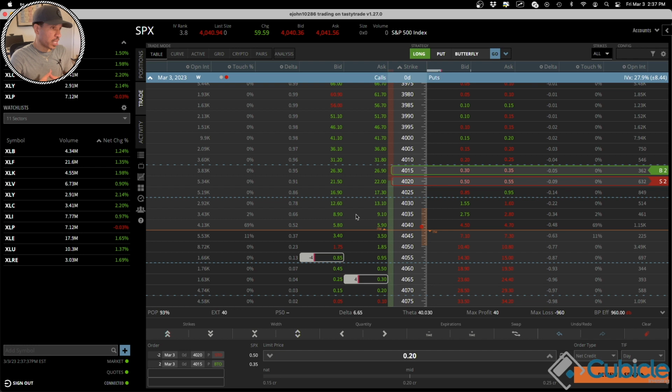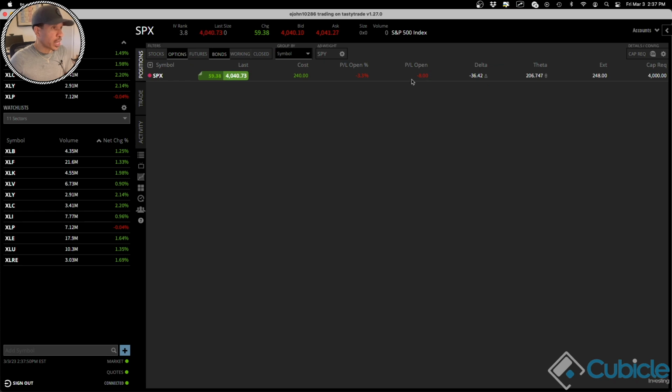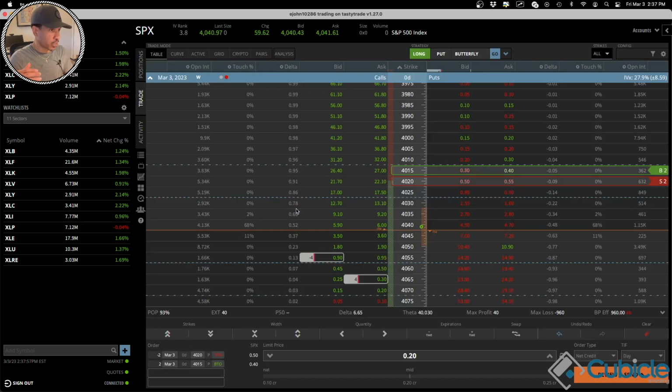It just means that even if the price of the underlying should breach my short strike on the call side, the P&L won't be in a negative that badly, if that makes sense, right? Because there's going to be so little time left. But again, I still feel pretty confident about my short strike at the 40.55 strike actually expiring out of the money.